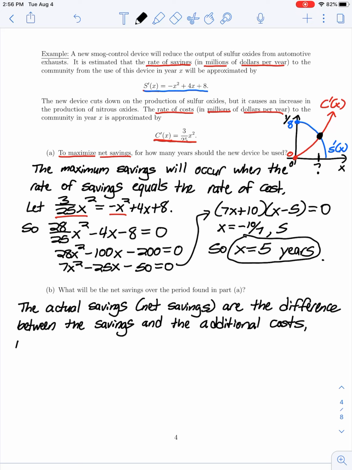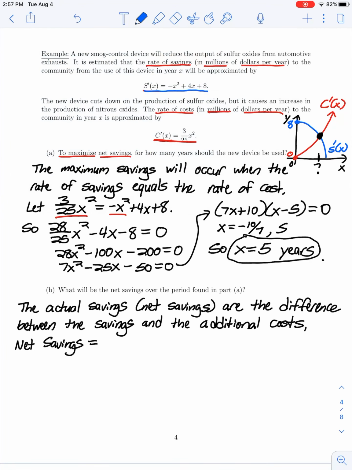Okay, so our net savings could be calculated as the difference between the total savings over the period for which we use this new device and the total costs over the period which we use this additional device.